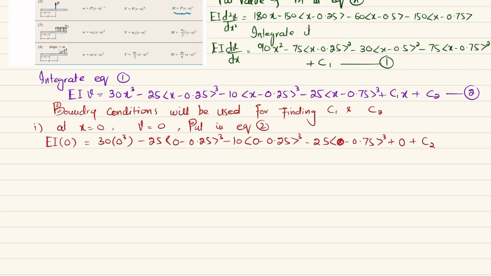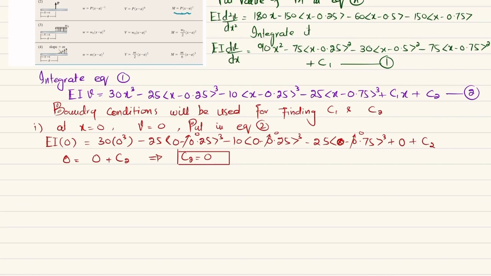So you can see that this will be equal to 0, and this will also be 0 minus 0.25, and that is inside the Macaulay bracket. Anything that is negative inside the Macaulay bracket will be 0. Similarly, this will be 0, this will be 0. So it means that C2 will be equal to 0.